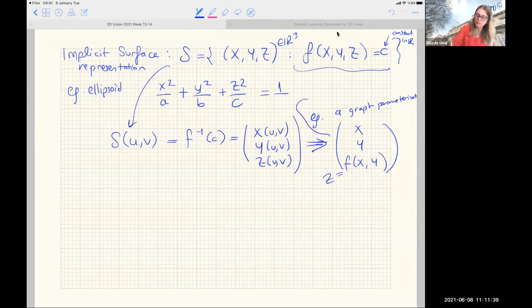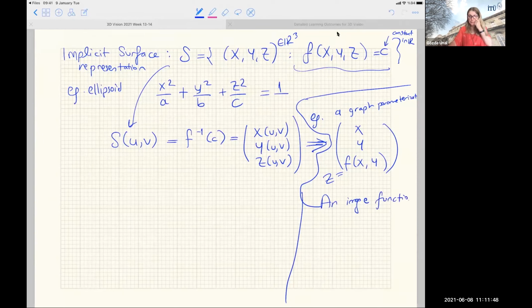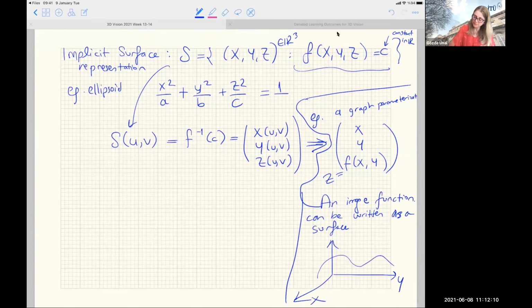You can talk about, for instance, an image function. If you have been working on images, an image function can be written as a surface, in a surface parameterization as a graph function. So that would be really like what I wrote here: x, y, and then the third parameter is I(x, y).